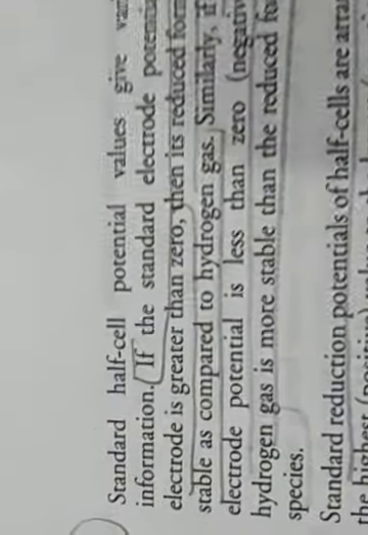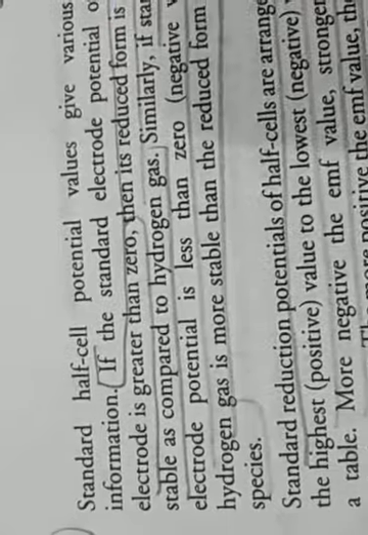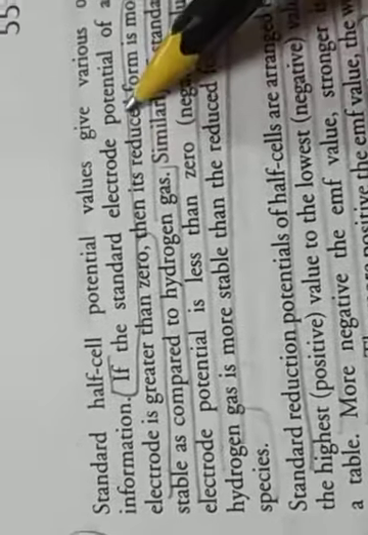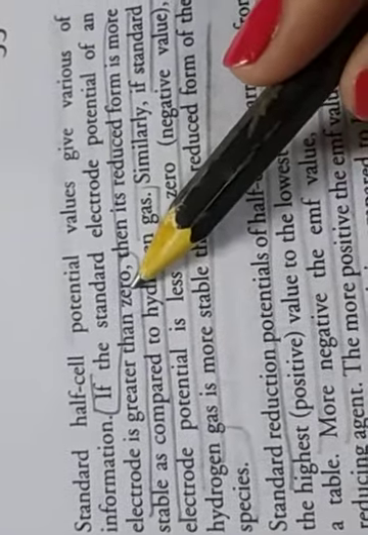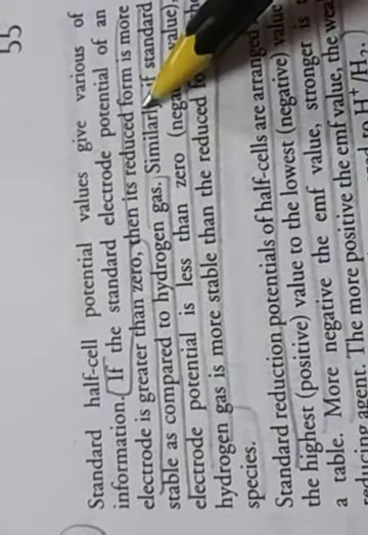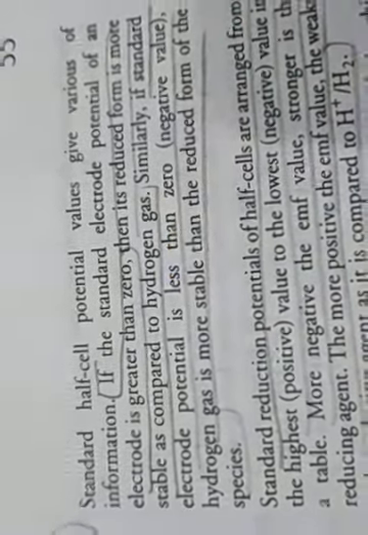Okay. Then standard half cell potential values give different information. If the standard electrode potential of an electrode is greater than 0, its reduced form is more stable compared to hydrogen gas.